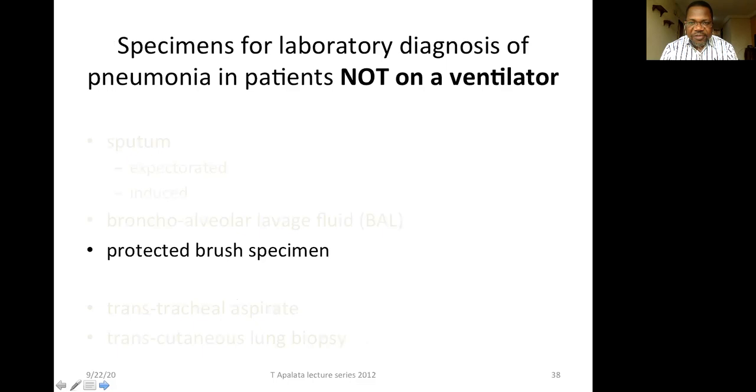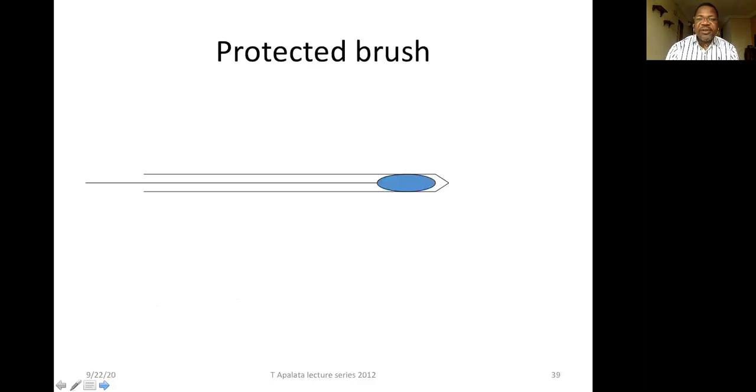We have another specimen that we call a protected brush specimen. This is the brush. You see that it's protected. You insert it into the respiratory tract. Then from there, you push the brush, so it opens up, then it is able to collect the specimen and come out.